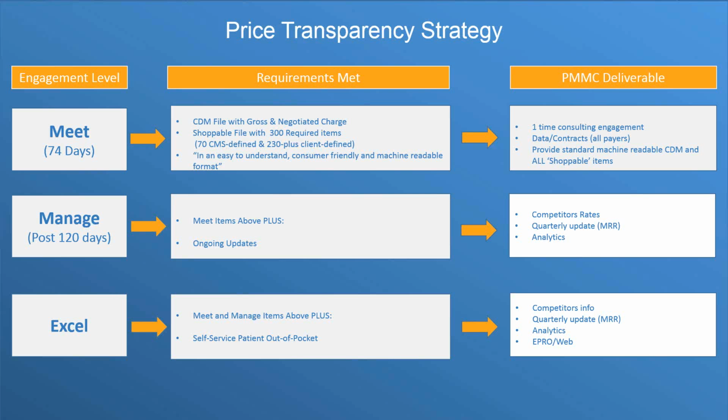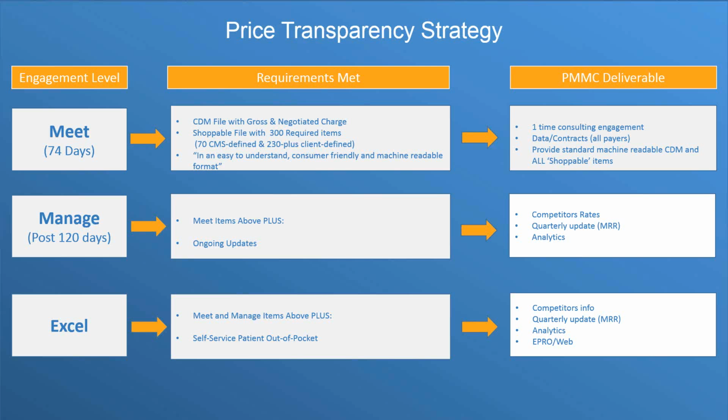Now, one of the things that we have shared with client organizations is the means to not only hit the task, but really develop a pricing strategy. And with our strategy, we've outlined 3 different components to help you meet the end goal.